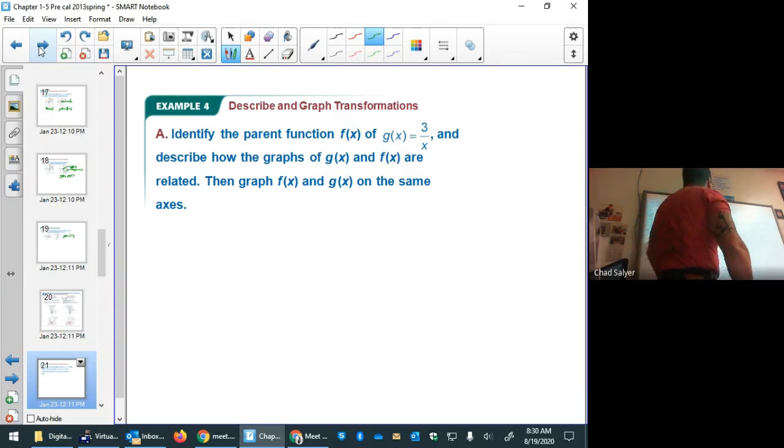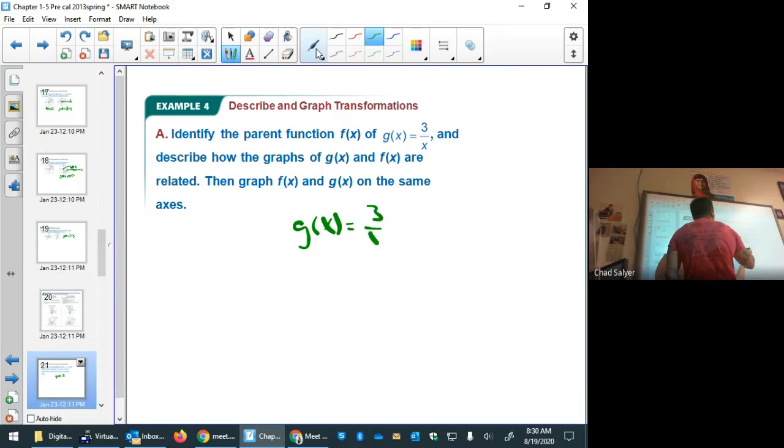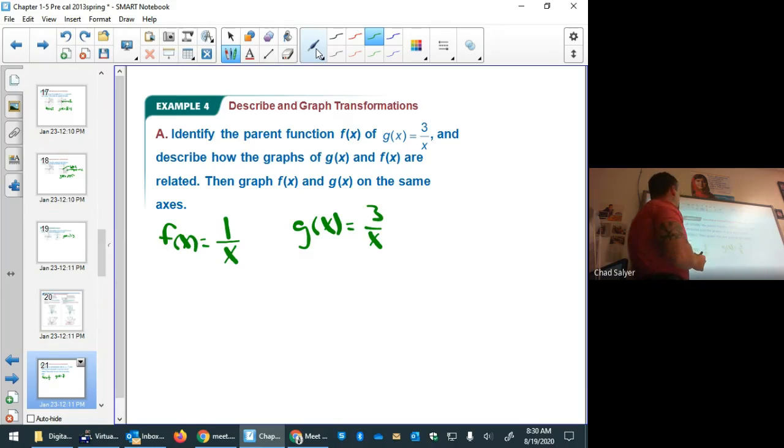Okay, so here we have g of x equals 3 over x. It says identify the parent function. So that's going to be f of x equals 1 over x, the reciprocal function. And describe how the graphs are related, then graph them on the same axis.